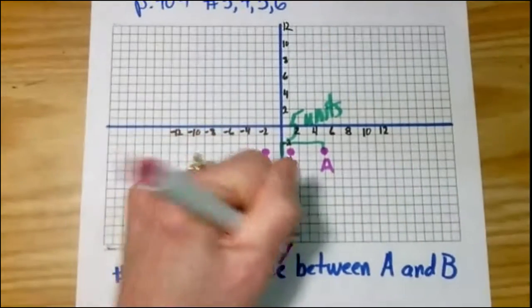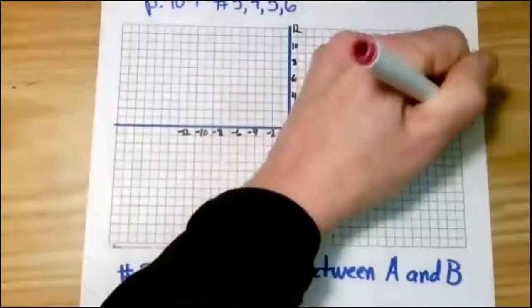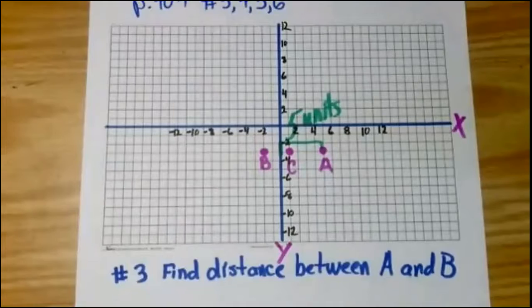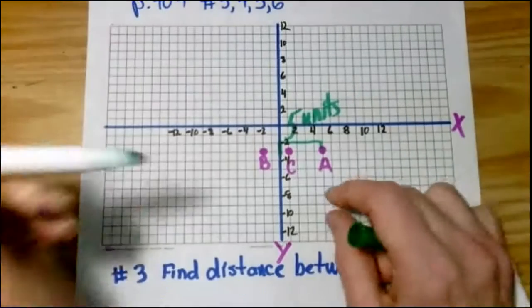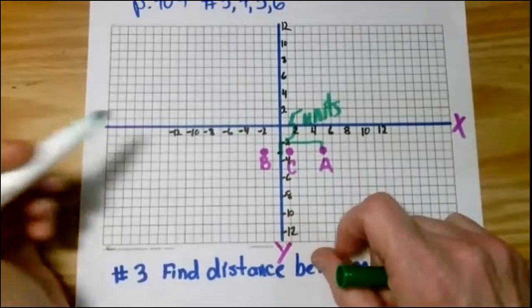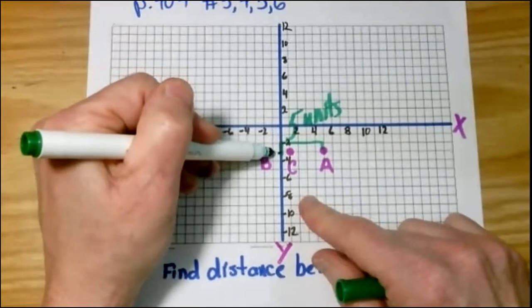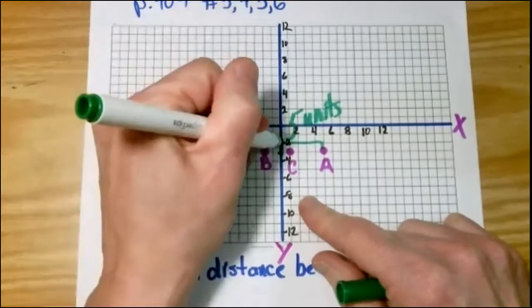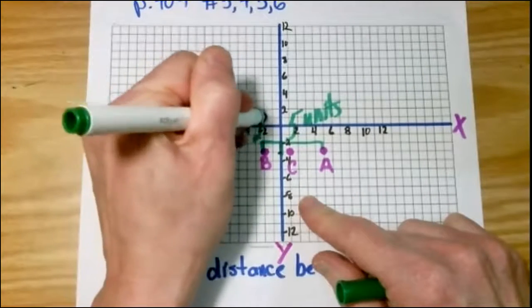Y there, so you see that? X over here. And now how many units is it from the y-axis to point B? Let's count. 1, 2. 2 units.